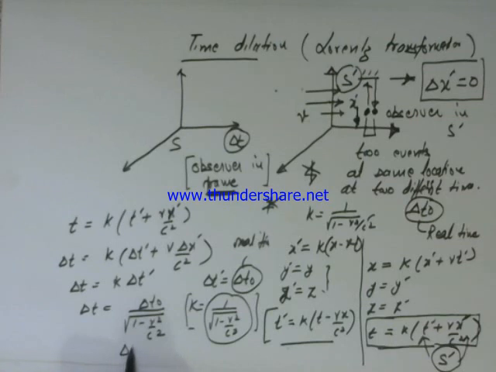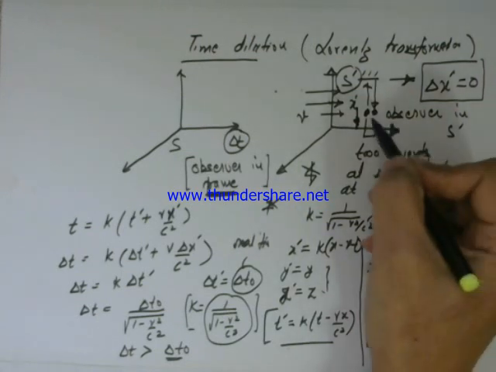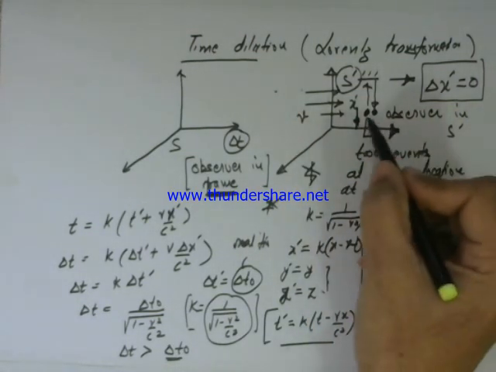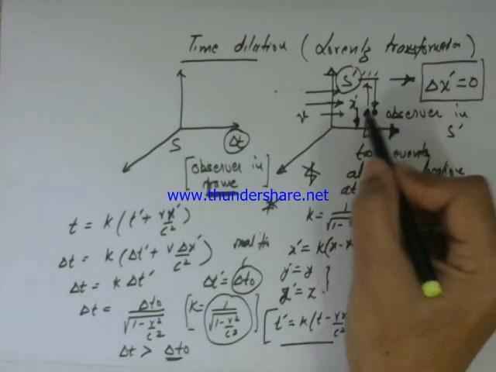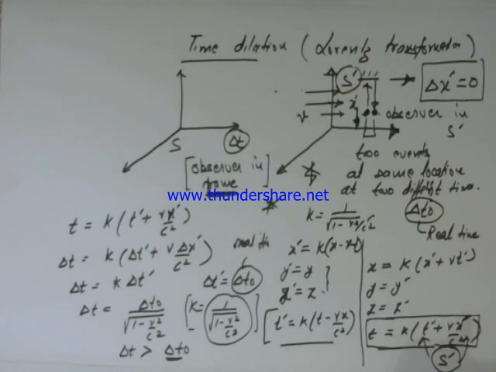So delta t is greater than delta t0. This is the time dilation. So the observer in the rest frame will measure a greater time between these two events as compared to the time measured by the observer in the moving frame, and this is what is called the time dilation.